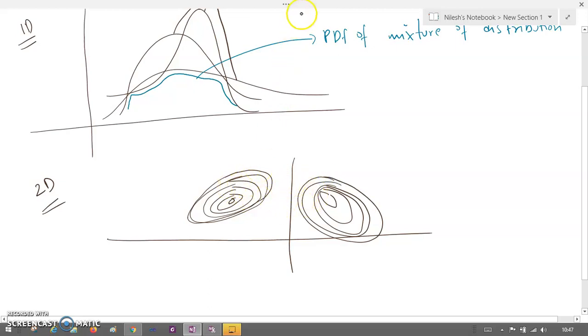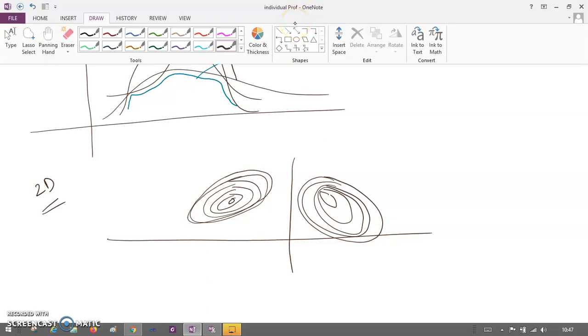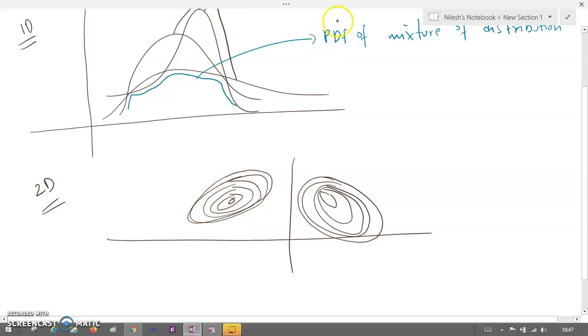So in 2 dimensions, these are the individual PDFs or individual x1, x2, x3 and x4. However, for the linear combination, it is going to be like this.